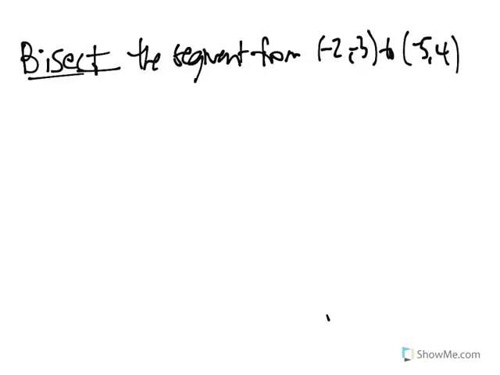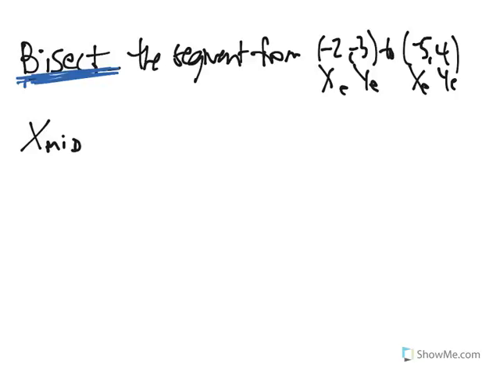In the question, we have the word bisect. We know what bisect means: it means to cut in half. So we're going to use the midpoint formula. I'm going to label my points x endpoint, y endpoint. Remember, we do two formulas, one for the x coordinate, one for the y coordinate.